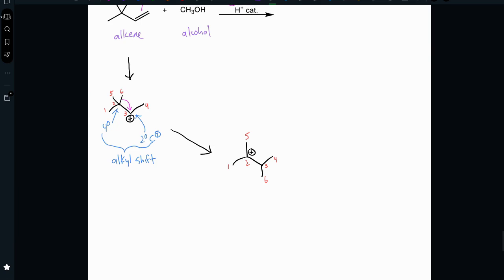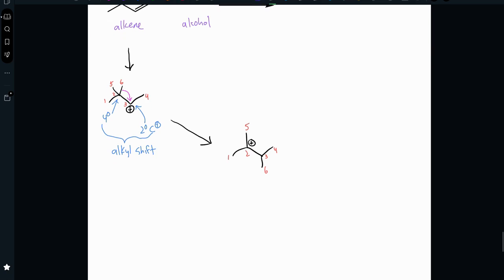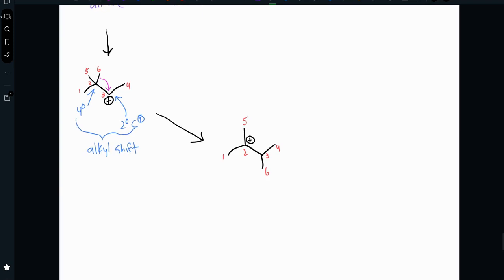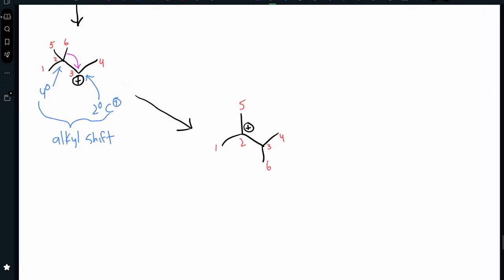Remember, that's an intramolecular reaction, so that generally is going to happen faster than the reaction with the surrounding nucleophile. So in this case, the only nucleophile I have around would be my methanol. So at this point, I'm going to allow the methanol to come in and bond with my carbocation.